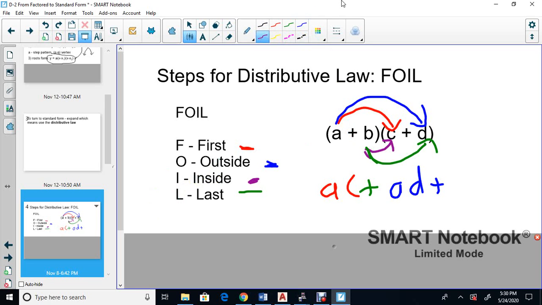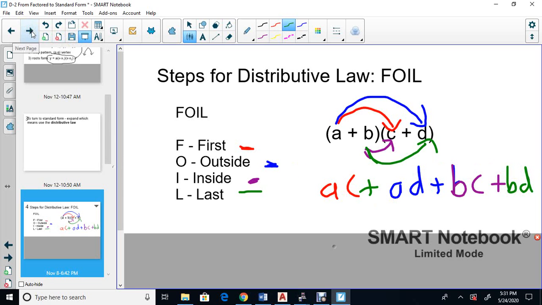So we'll do the bc, b times c. Plus, finally we do the last two, the green ones, and that is bd. Some people just need an example, so here we're going to have 1, 2, 3, 4 terms.